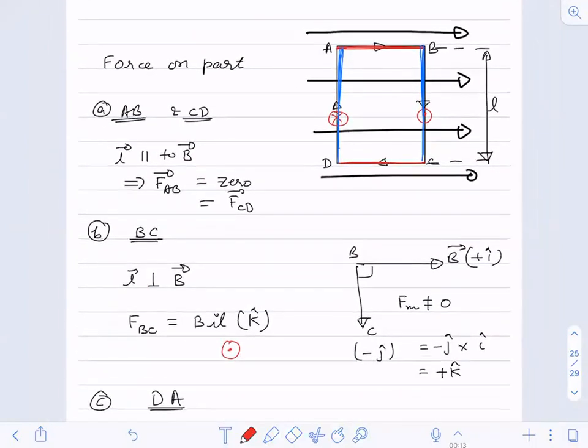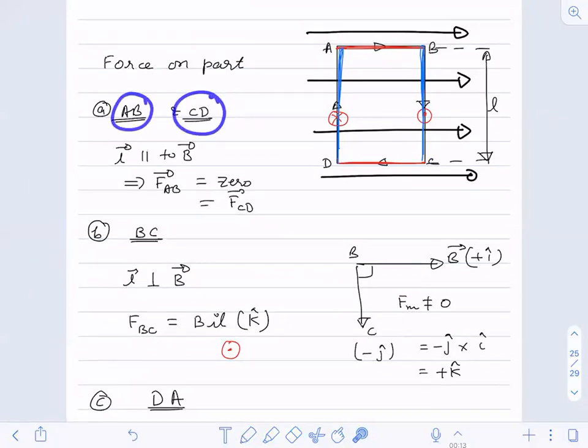Section by section, part by part, we calculated the force and added them. We found that the magnetic force on wire AB and wire CD is zero. Why?